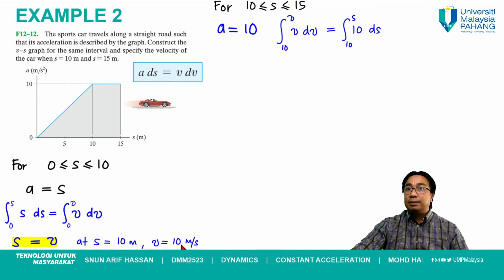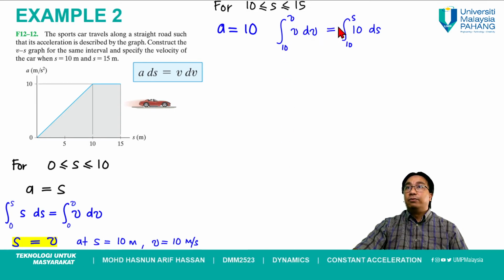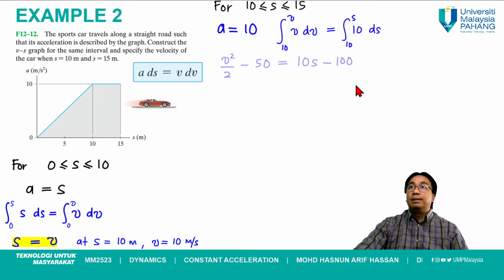Dekat sinilah, this is why we calculate what is the value of velocity pada displacement equals to 10, we get velocity 10. So you have from 10 until V dV, and then you have from displacement 10 until S, 10 ds.